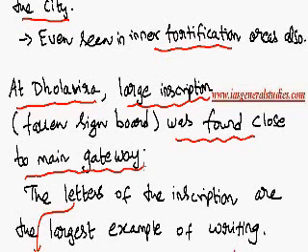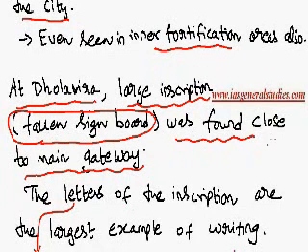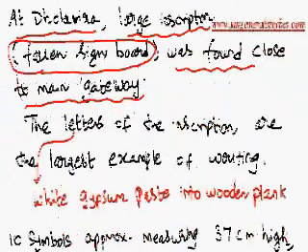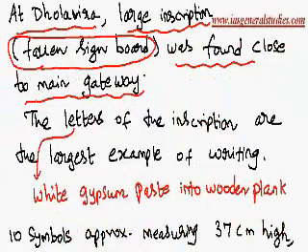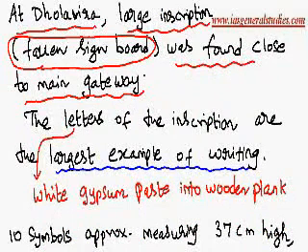So at Dholavira, make a point, large inscription. Some scholars thought that it may be a fallen signboard. The large inscription was found close to the main gate. The letters of the inscription are the best, the largest example of the writing that existed in the Harappan civilization.